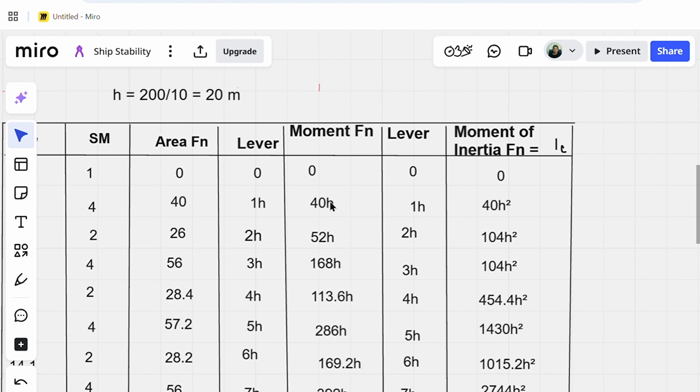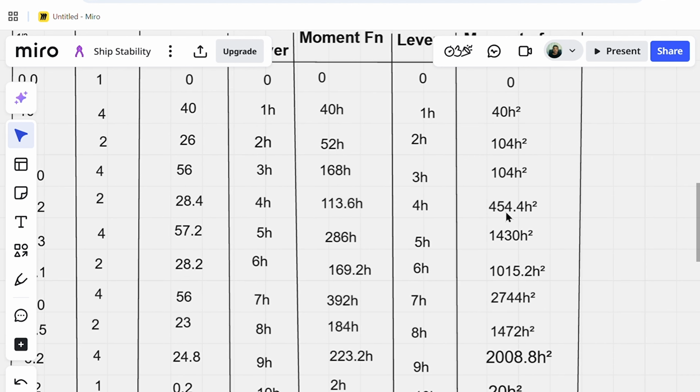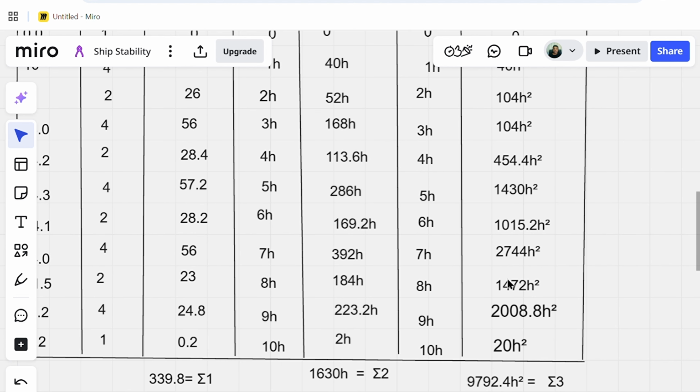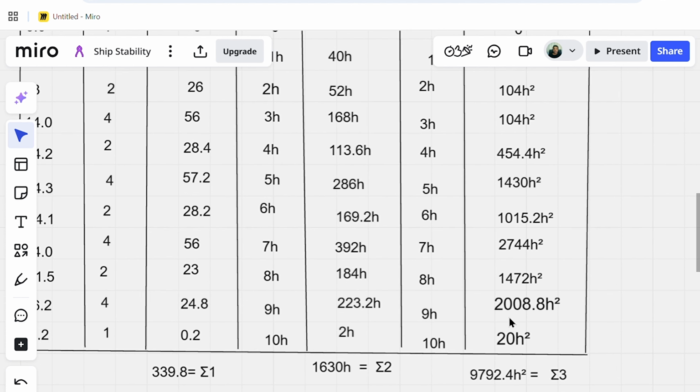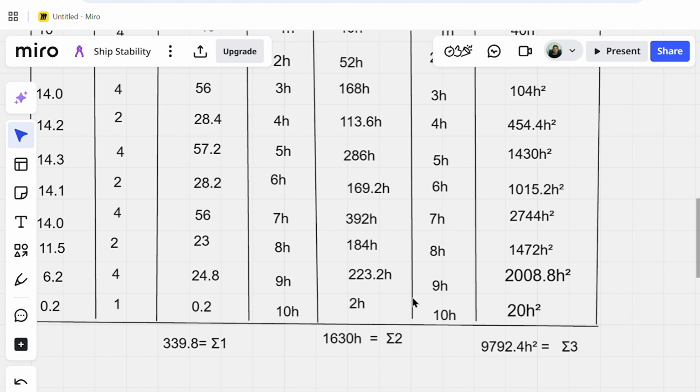And remember that there is an h in the moment function and also an h in the lever. So when we multiply, we will get h squared. So all the values will have h squared with them. So complete the table till the last ordinate, and now we take the summations.